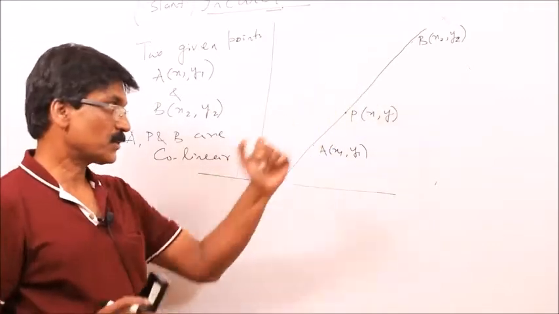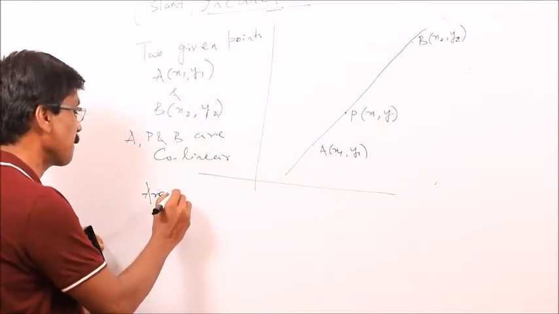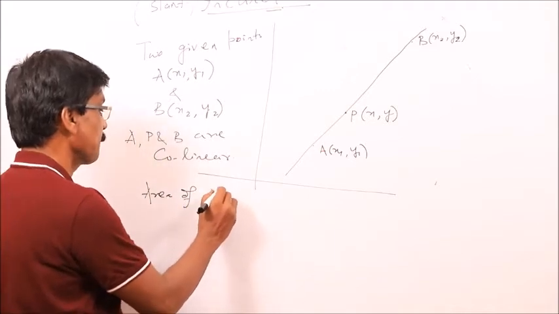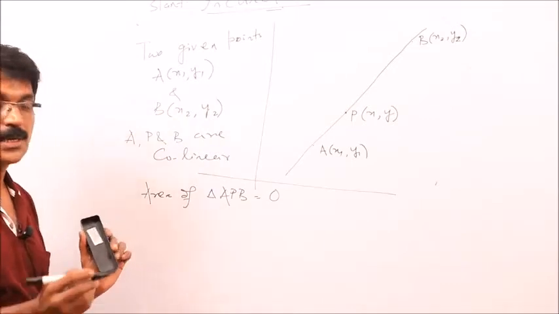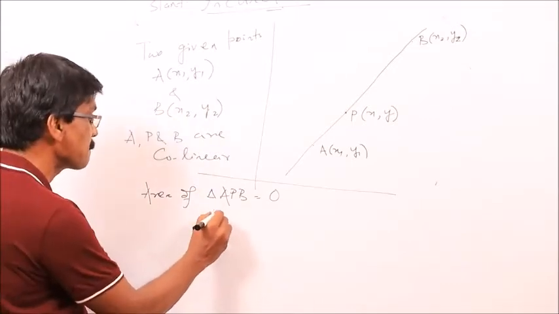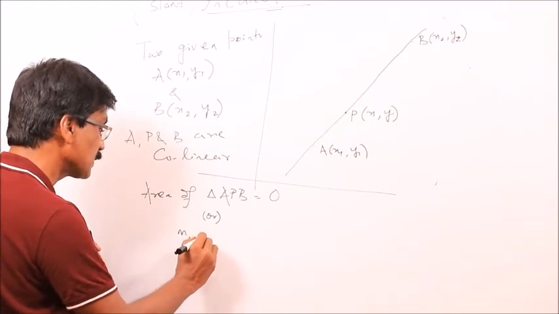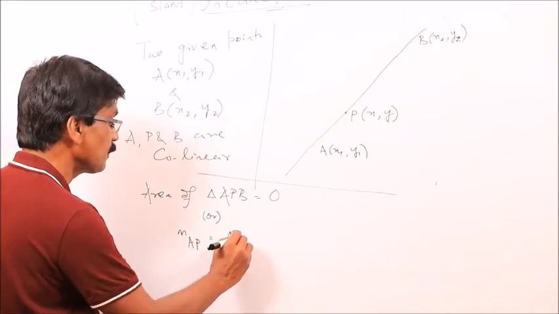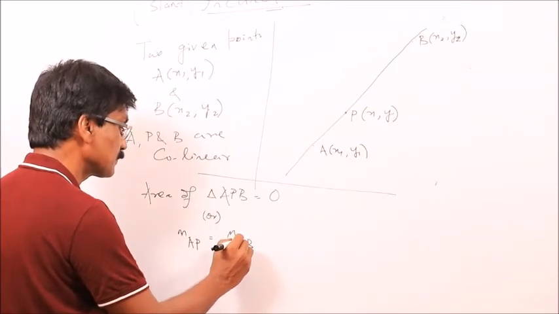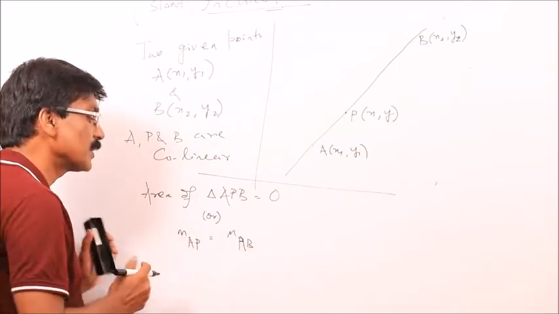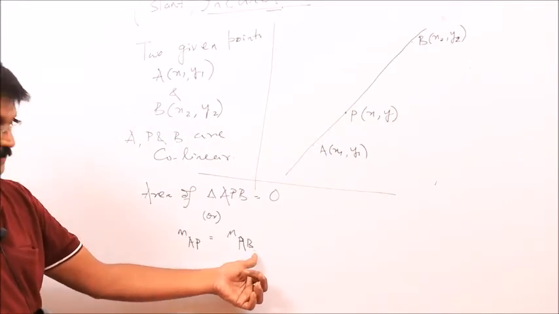So, 3 points are collinear. The condition is area of triangle APB is equal to 0, or we have slope of AP is equal to slope of PB, or by taking common A point, slope of AP is equal to slope of AB.